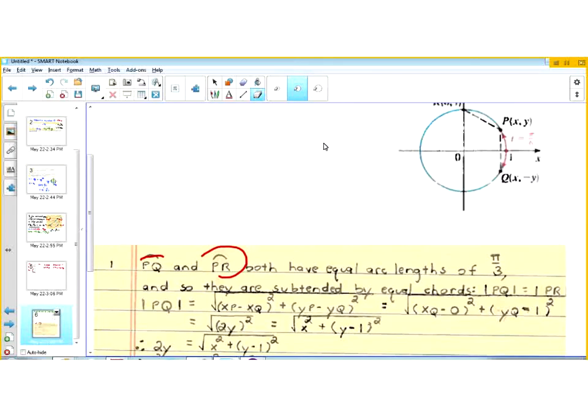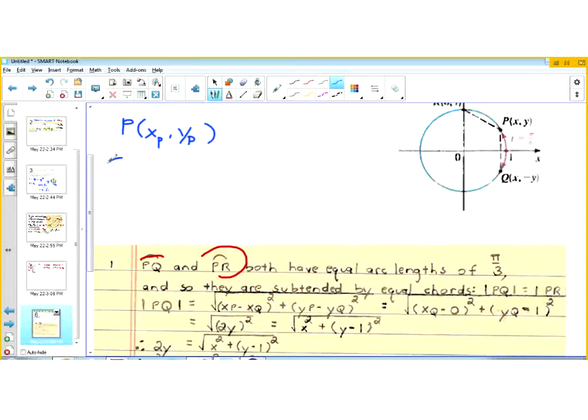Now from lecture 1, I showed you the distance formula, and we can calculate the length of PQ. Using our distance formula, the coordinates of P are represented as XP, YP. Those are the general coordinates, and this is what we want to find: XP and YP.